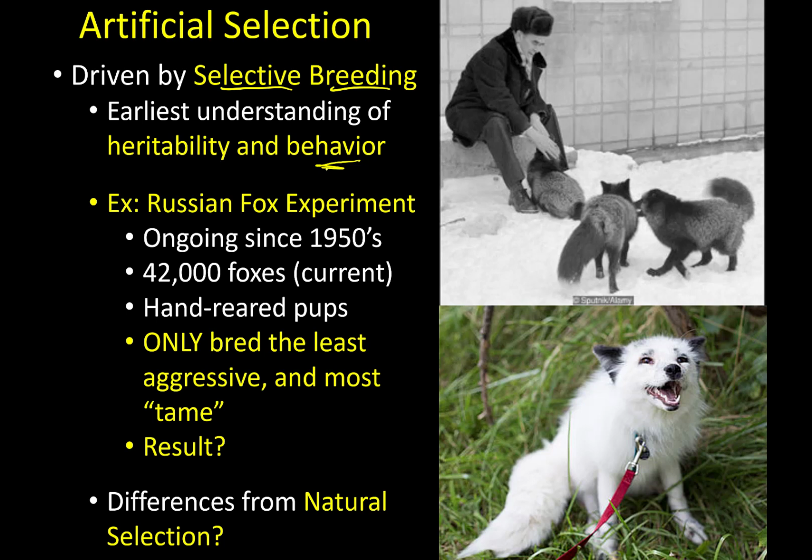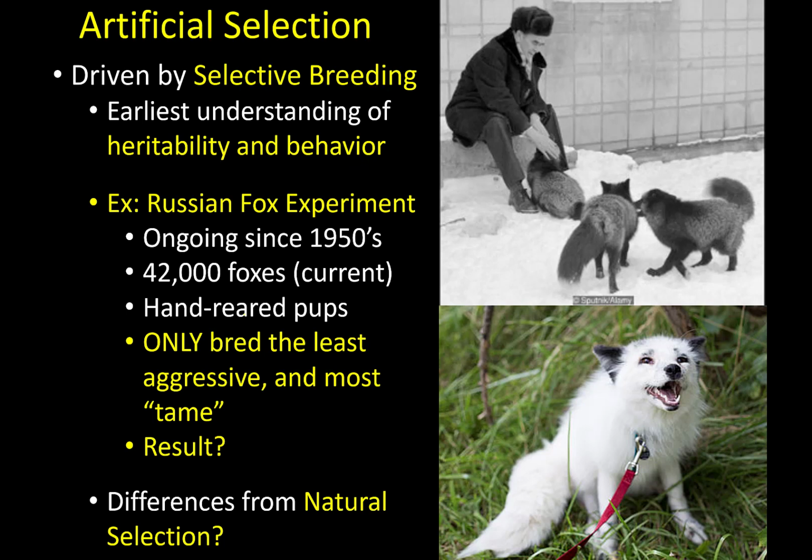Now, behavioral experiments have been done using artificial selection as well. The goals of these are to determine if behavior is something that's simply learned, or if there's a genetic component, and certain behaviors can be inherited from your parents. The Russian fox experiment is one of the most famous of these experiments.